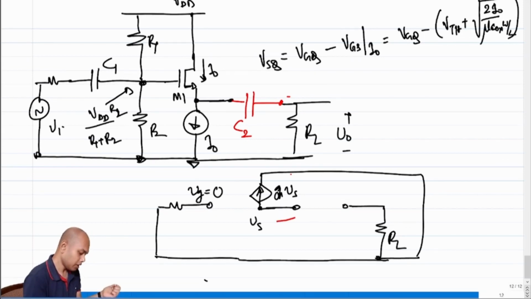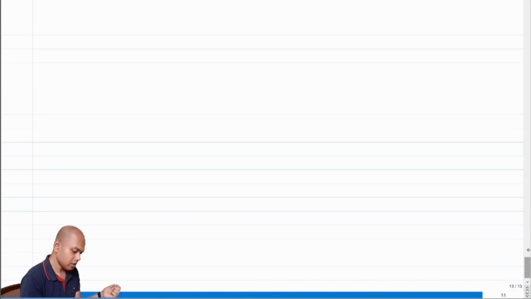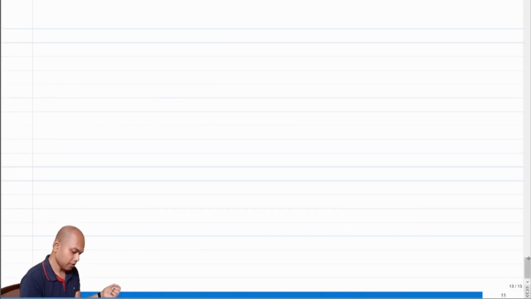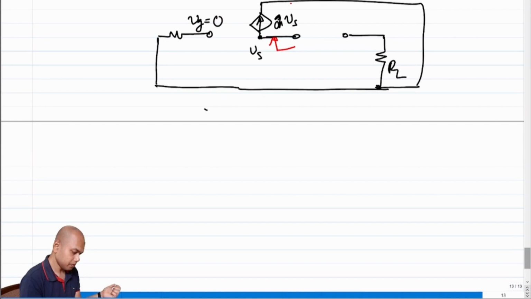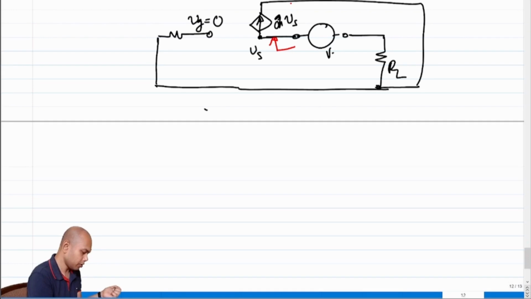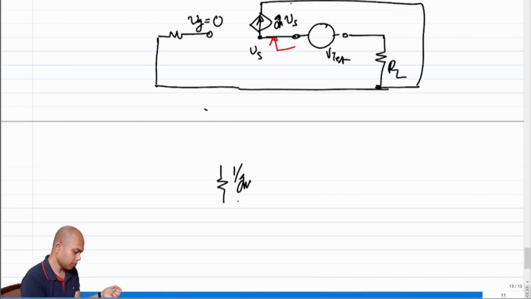Correct? So what is the resistance looking up? We have already derived this a few minutes back. The resistance looking up is 1 over Gm. Right? So we must have a test voltage source here. The resistance looking up is 1 over Gm, so this becomes 1 over Gm.